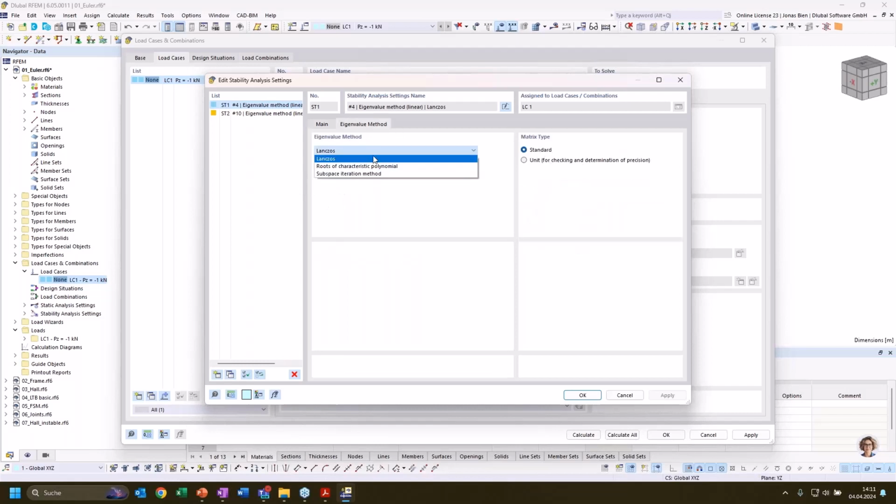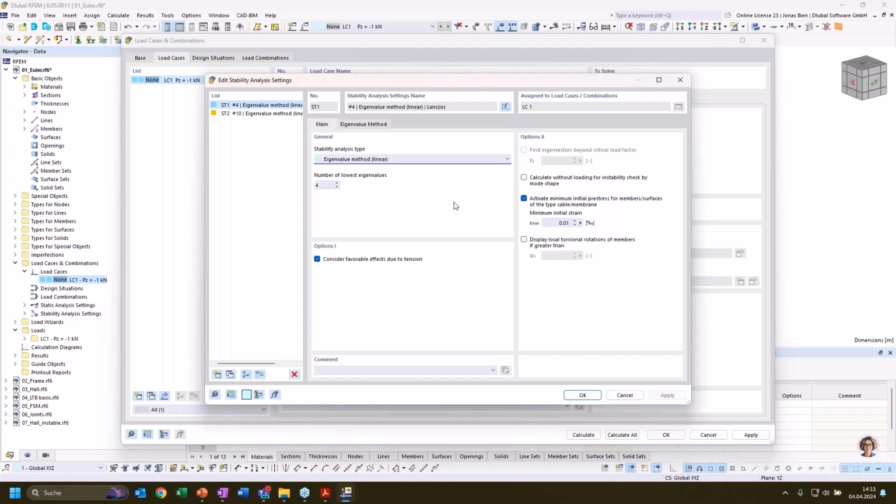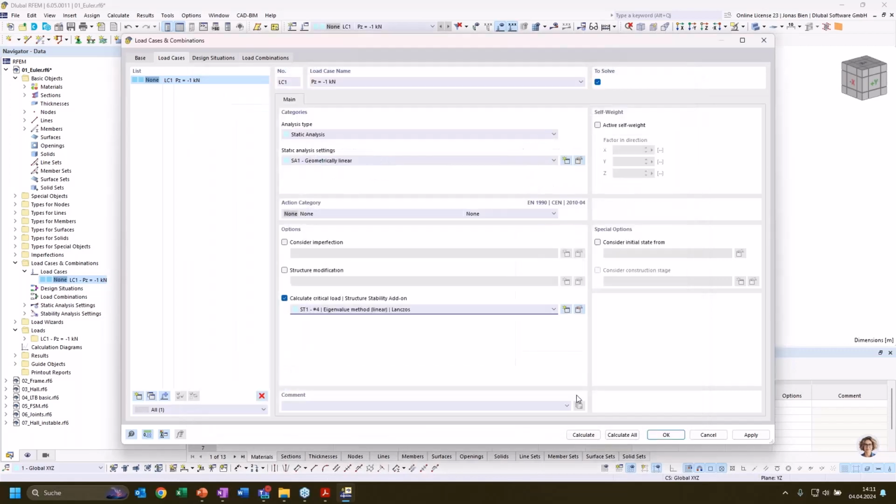Then we have these multiple solver variants to solve the determinant of our eigenvalue problem. But the default solver should mostly suit us for this problem. There might be cases where you have subsystems that are not connected to each other.